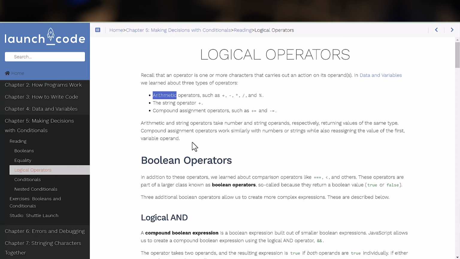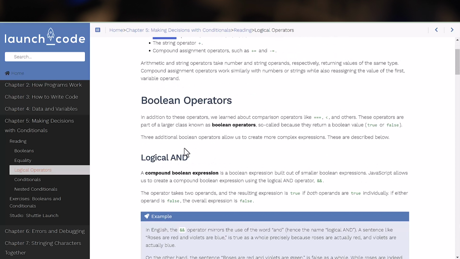Arithmetic and string operators take number and string operands, respectively, returning values of the same type. Compound assignment operators work similarly with numbers or strings, while also reassigning the value of the first variable operand. Boolean operators.